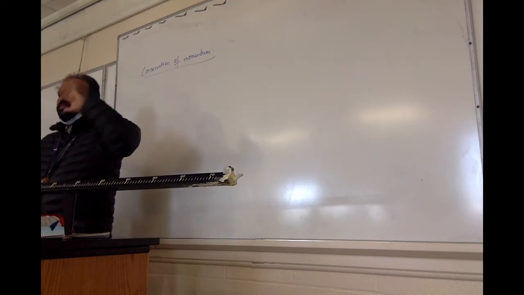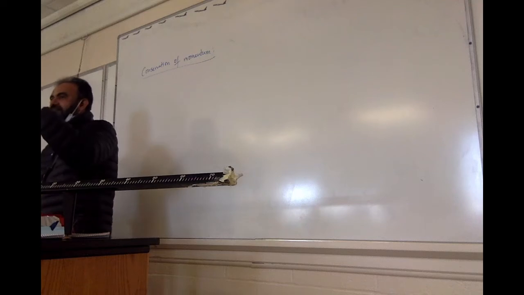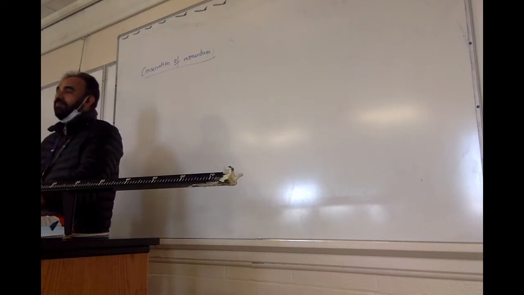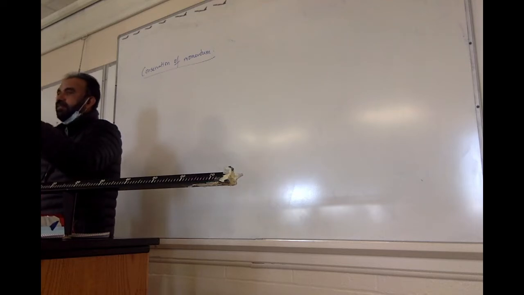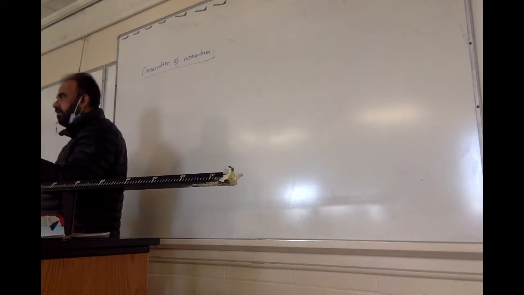Conservation of momentum is not different. It is the first law, once again, put in a slightly different way. Conservation of momentum says the momentum of an object will stay the same unless acted on by external unbalanced forces. Make sense?